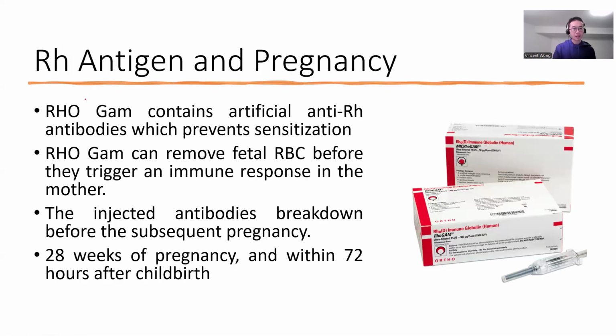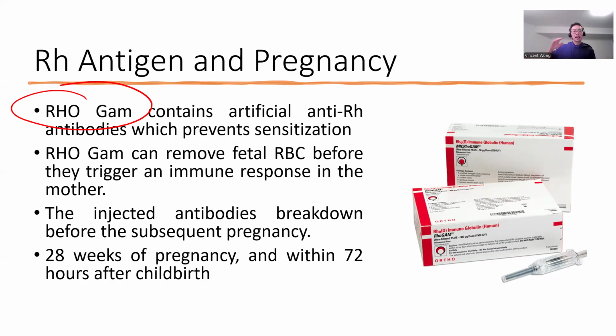Where is it, oh, right here. RhoGAM. RhoGAM is artificial anti-RH antibodies, and the purpose of RhoGAM is to prevent sensitization. It does not reverse it. If it already happened, then RhoGAM is not going to do anything for you.